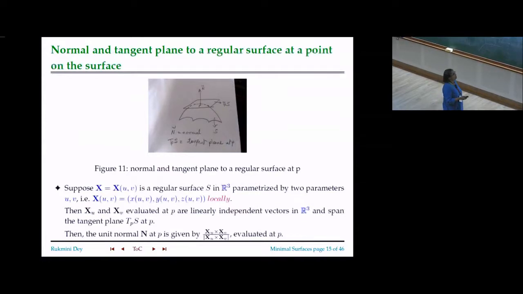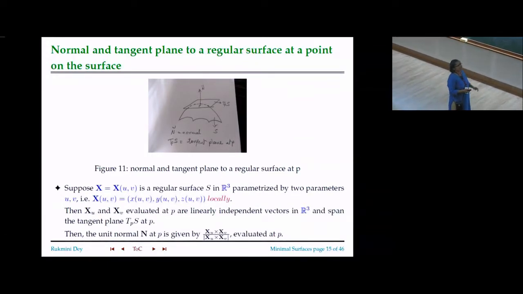So what about the normal and the tangent to a regular surface at a point on the surface? Supposing I take a point P, I can think of a tangent plane, a plane which touches it exactly at that point. And you can take the orthogonal, the perpendicular line to that plane, call it N. That is called the tangent plane and it's denoted by TPS.